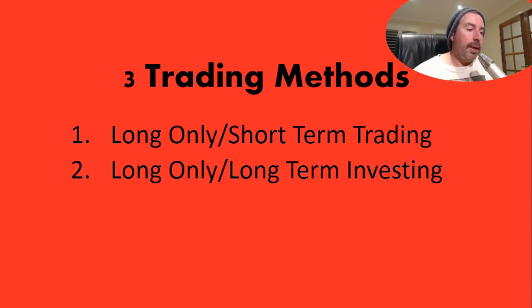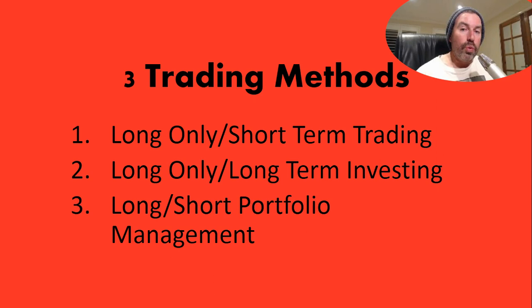Number two is long only, long-term investing. So it's not really trading at all. It's looking longer than 12 months to infinity, basically. So that's the second method I use. And the third method is long-short portfolio management. This is where I go long and short, and if you don't know what that means, just Google it.